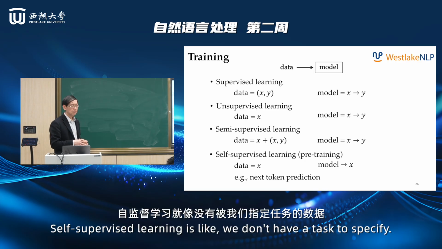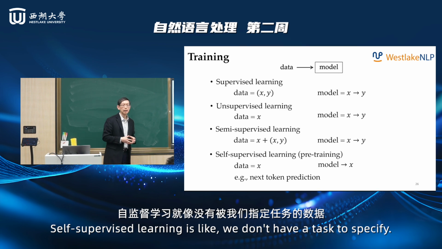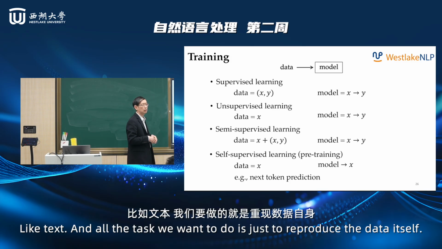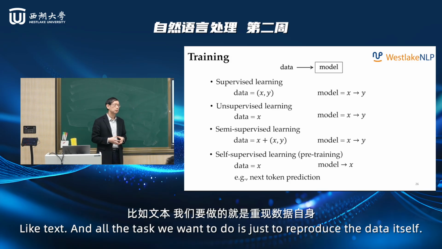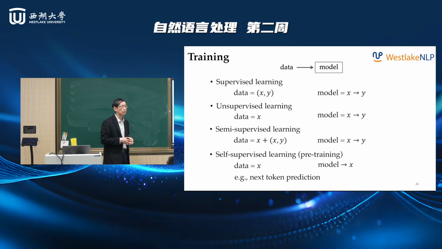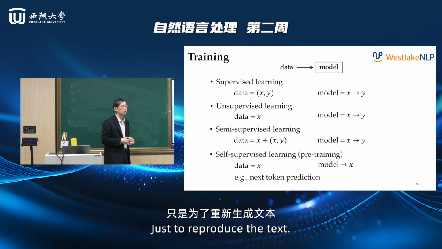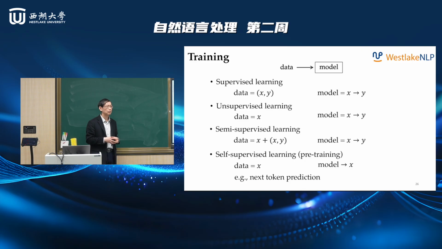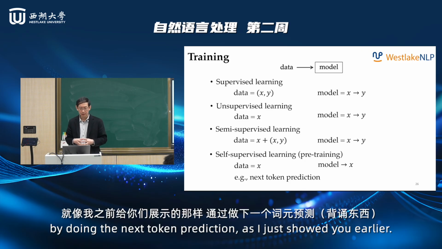So self-supervised learning is like, we don't have a task to specify. All we have is the data itself, okay, like text. And the task we want to do is just to reproduce the data itself, just to reproduce the text, okay? For example, we want to recite things over the internet, by doing the next token prediction, as I just showed you earlier, right?